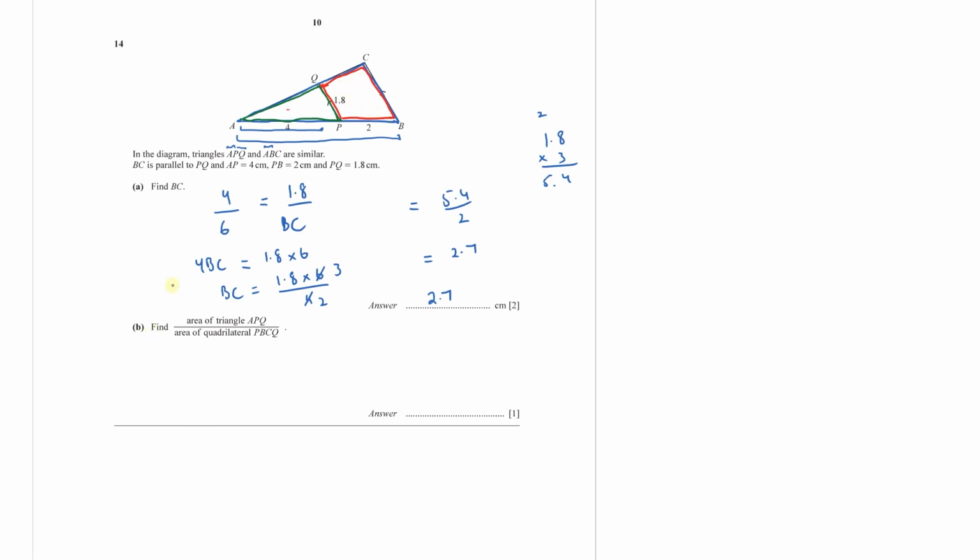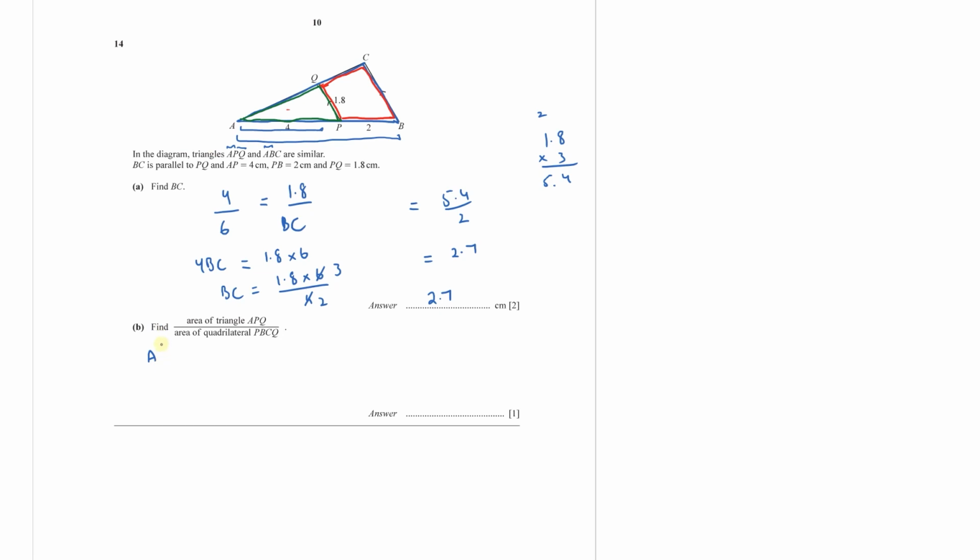So we can again use the property of similar triangles. I can find the area of this quadrilateral if I subtract the area of this green triangle APQ from this big triangle ABC, and I'll get the remaining area, which is the quadrilateral.